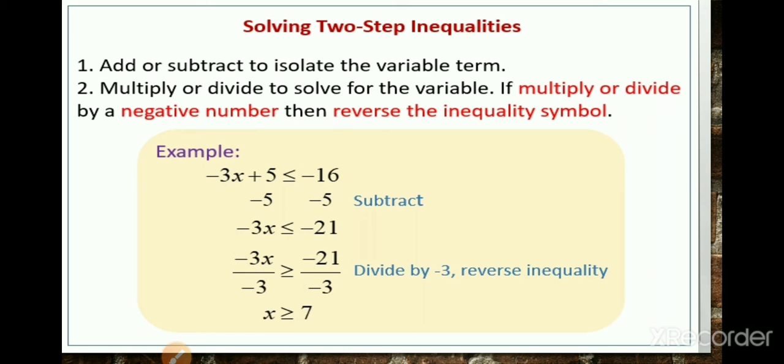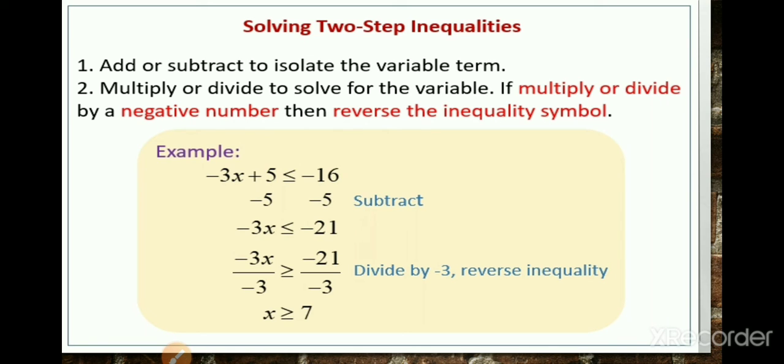The difference is that when a variable is set equal to one number, that number is the only solution. But when a variable is less than or greater than a number, there are an infinite number of values that would be part of your answer.